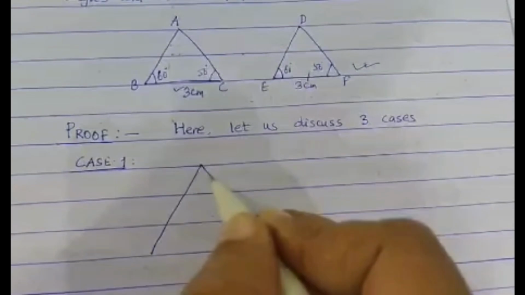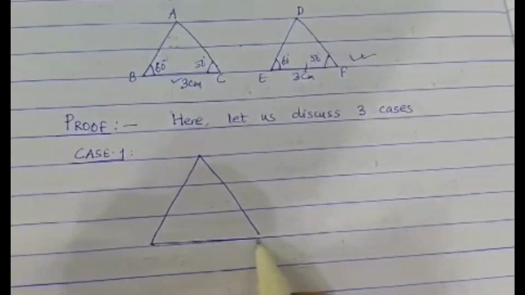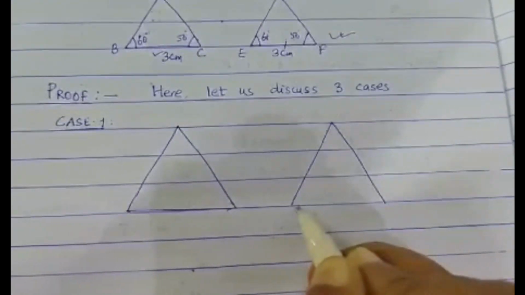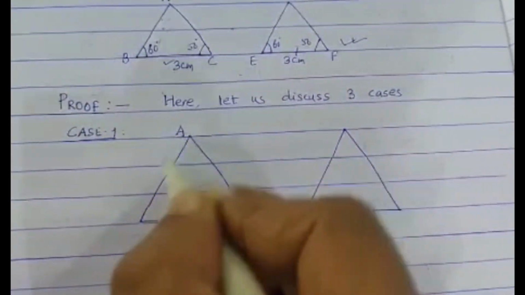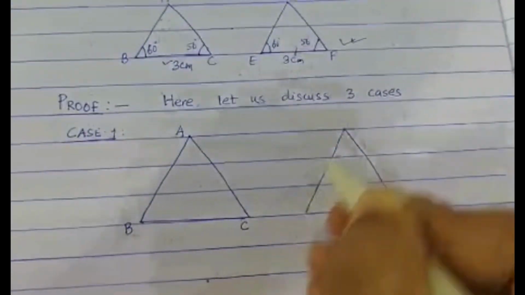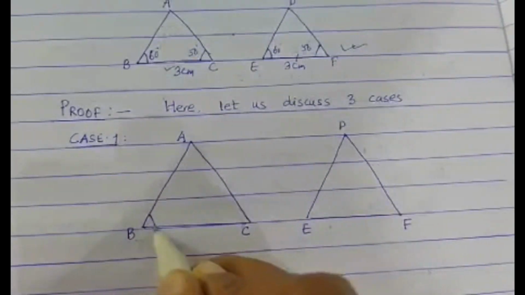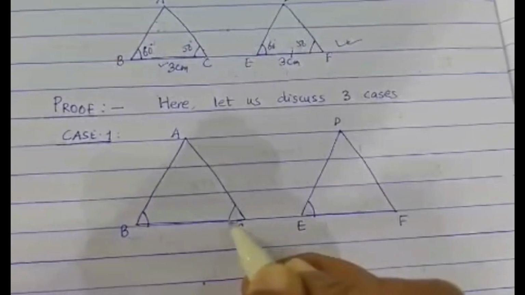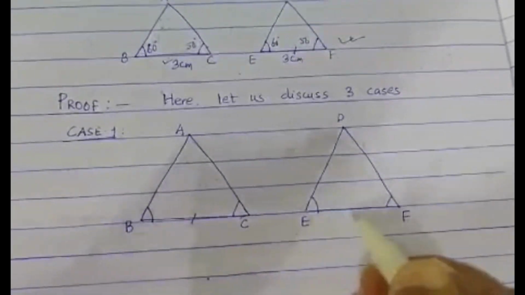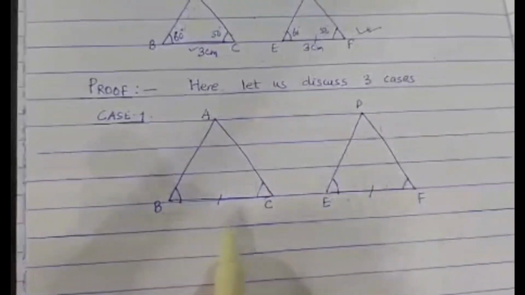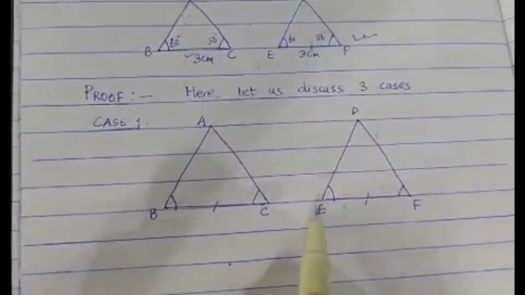We have been given these two triangles, ABC and DEF. This angle B equal to angle E, this angle C equal to angle F, and this side is equal. Alright, this is what we have been given.